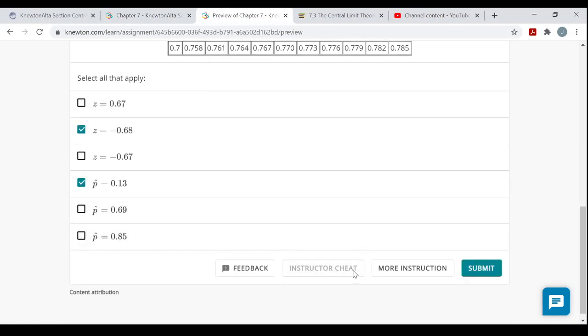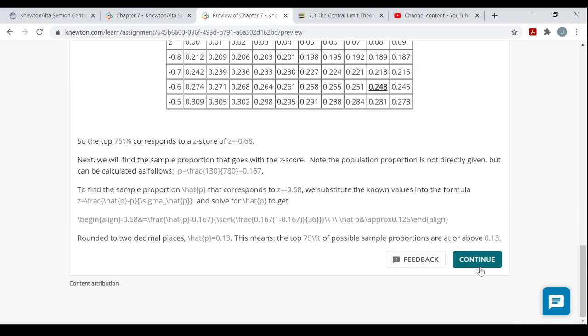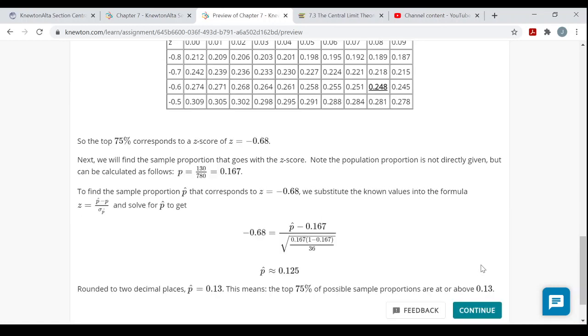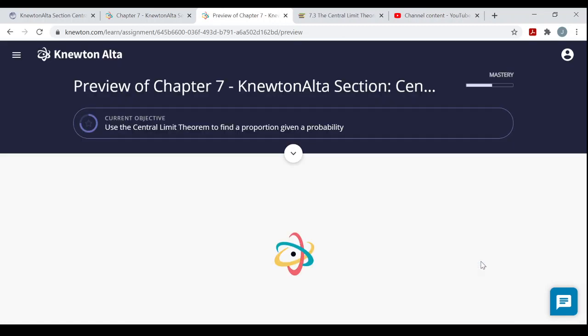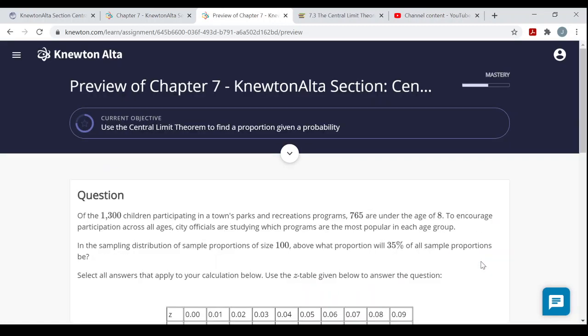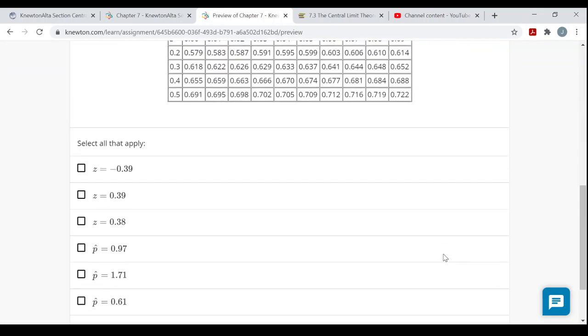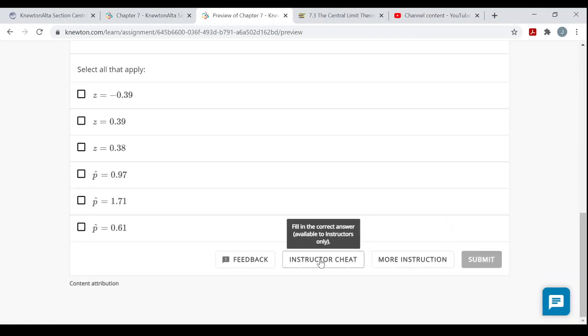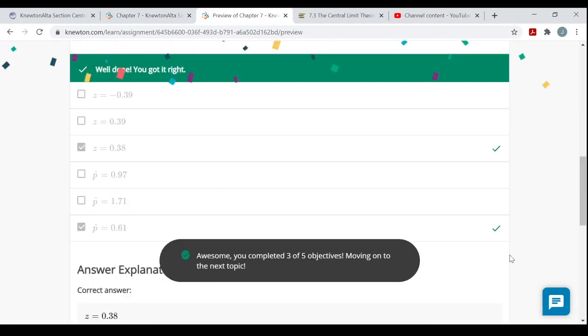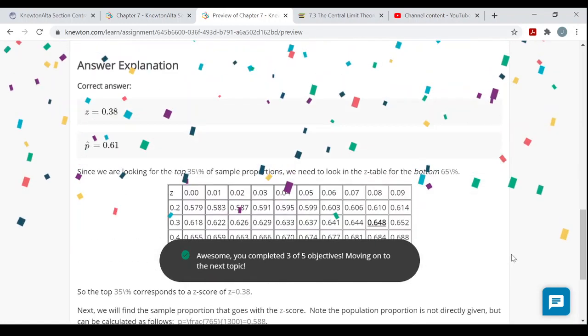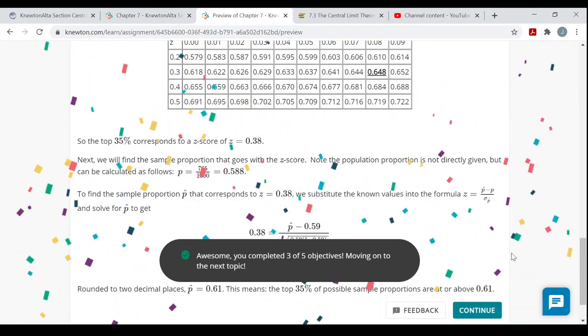You've seen me do a problem like this already. And then here's another one where proportion given a probability, so that inverse norm, or using a table. Again, you've seen me do a problem like this already, so I'm just going to cheat here and move on.